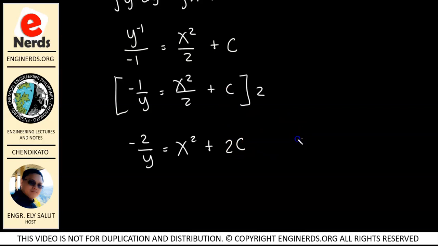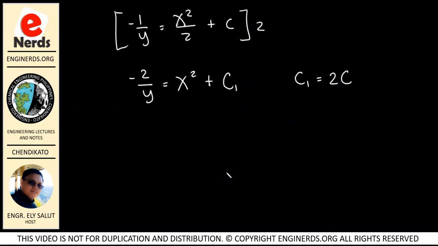So I could replace this as c1, which is actually equal to 2c. So I just did it para mas mapadali yung ating mga computations. I'm just going to remove this and use c1 instead because we know that c1 is equal to 2 times c. Yun ang ginawa natin dito.